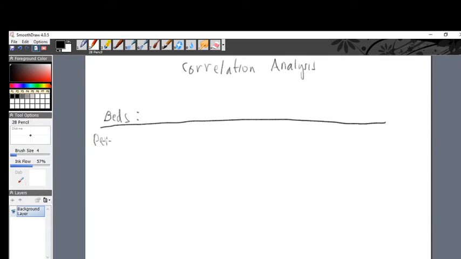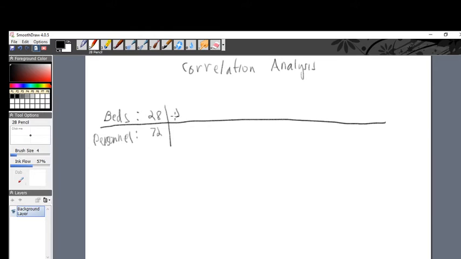How many personnel are employed? There should be an S and an R, personnel. All right, so let's put down 10 numbers. One hospital had 28 beds and 72 employees.